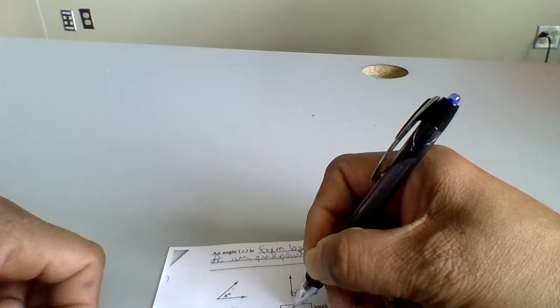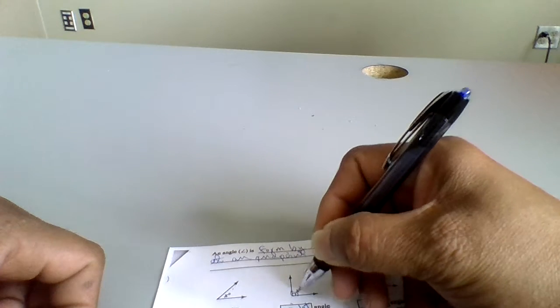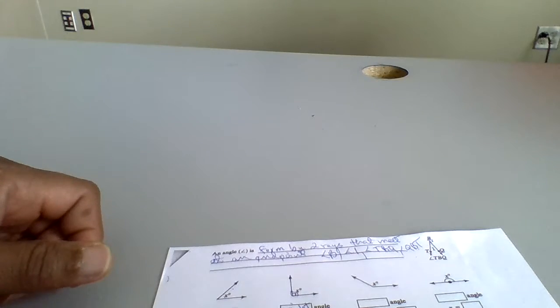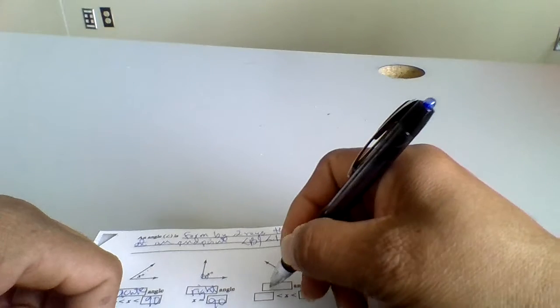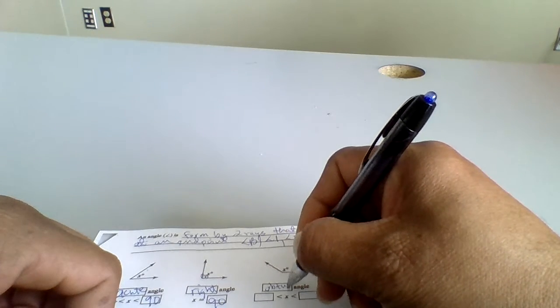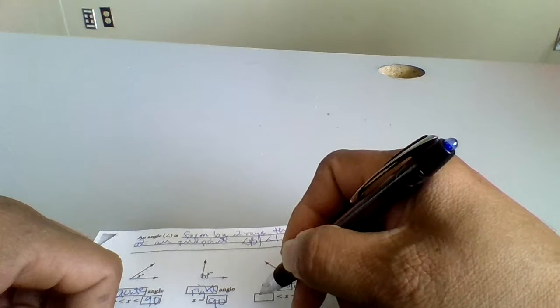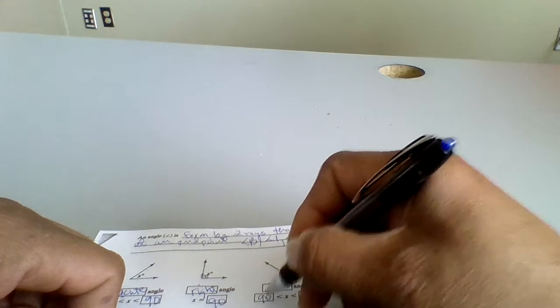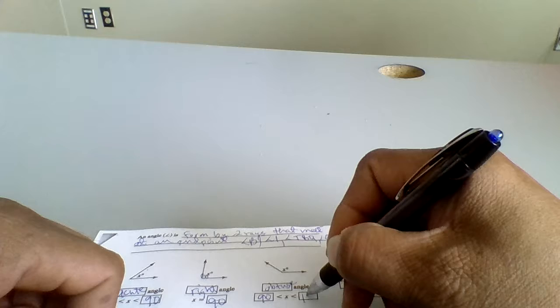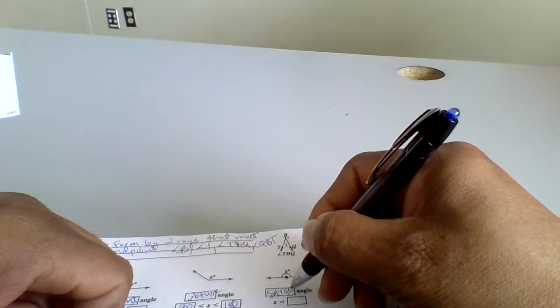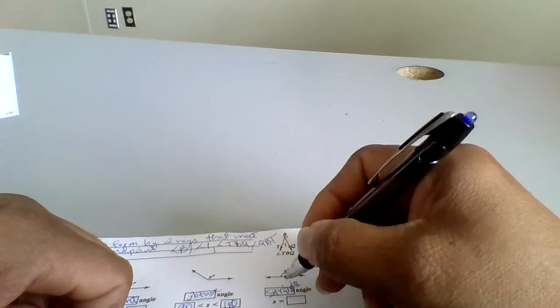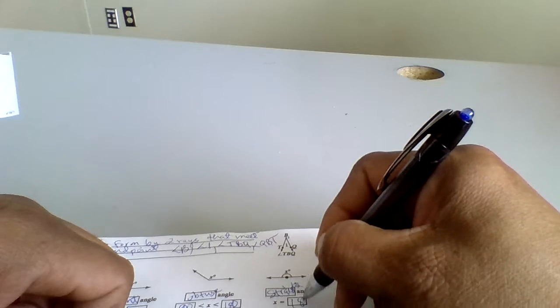This always lets you know it's a right angle, which then is equal to 90 degrees. The next one is an obtuse angle, and that's between 90 and 180. And then the last one is a straight angle, which is 180 degrees.